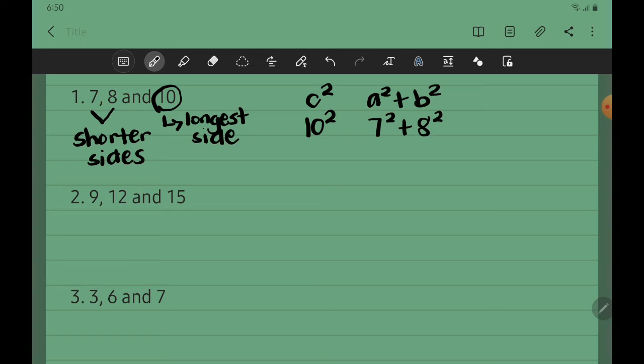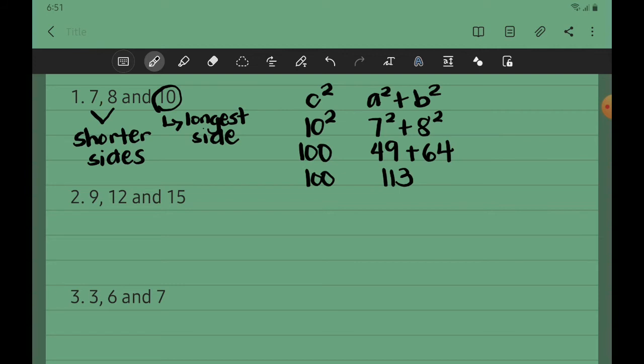And then, let us solve. So, 10 squared means 10 multiplied by itself. So, 10 times 10, that is 100. And then, 7 squared, so that is 7 multiplied by 7. So, that would be 49. Plus 8 squared, so that is 64. And then, let us add up 49 and 64. So, 49 plus 64, that is 113. So, now, we can say that 100 is less than 113.